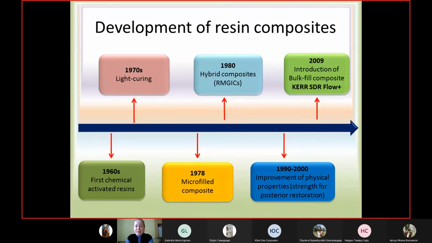Development of resin composites. Everything starts in the 60s. The first materials were introduced in this period. The first were chemically activated materials. After that, light curing materials were developed.